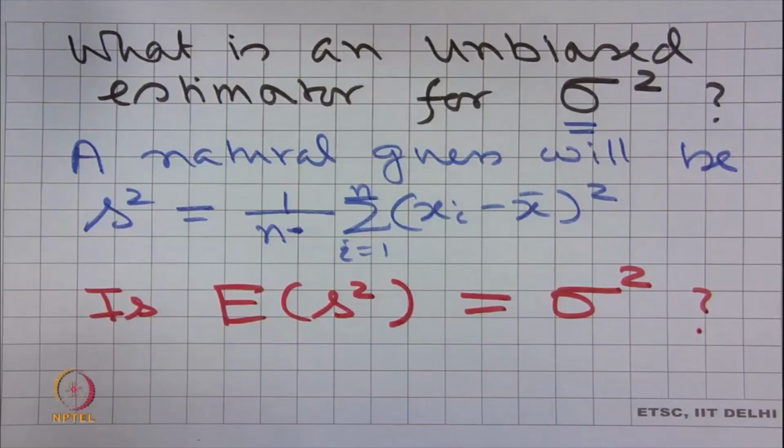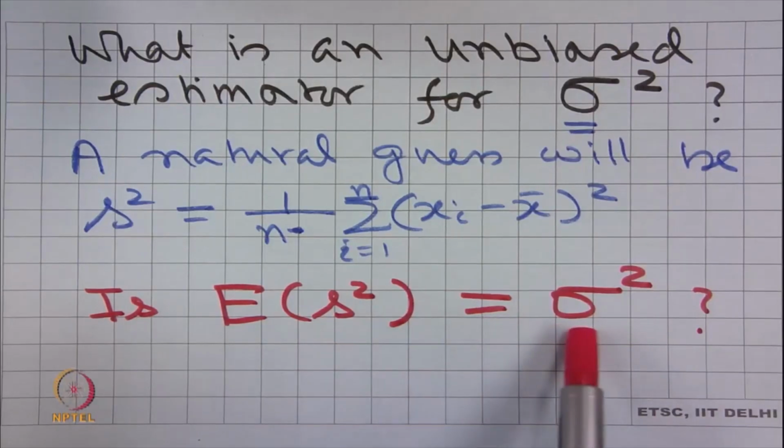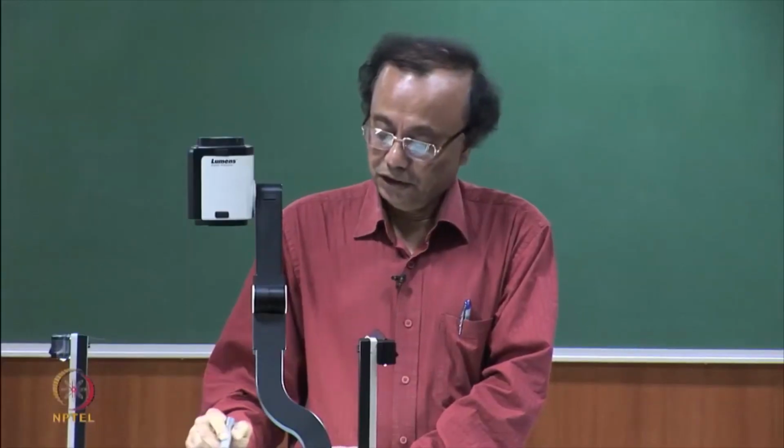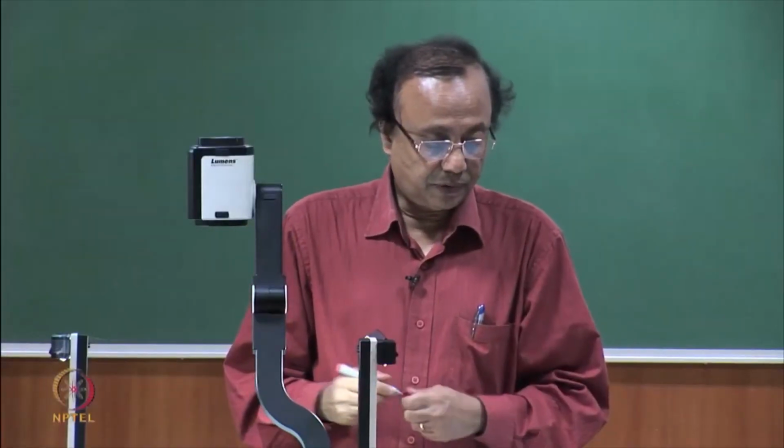Or in other words, whether the sample variance is an unbiased estimator for population variance. In order to find the answer, we have to compute the expected value of small s square.